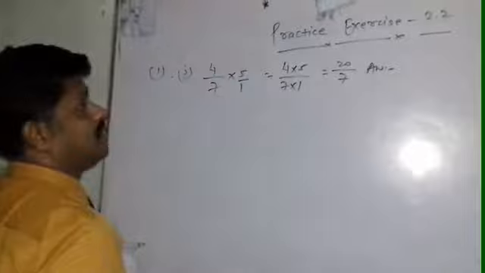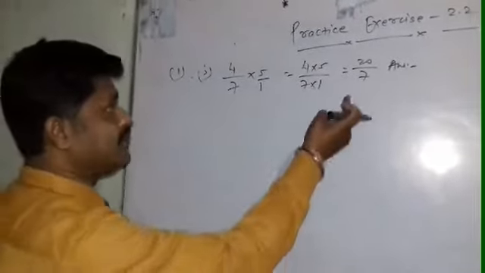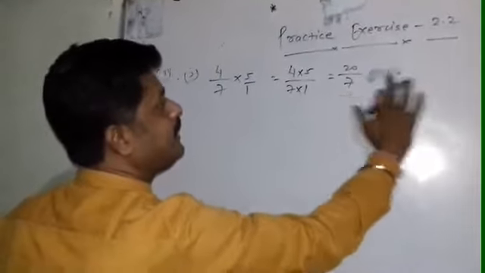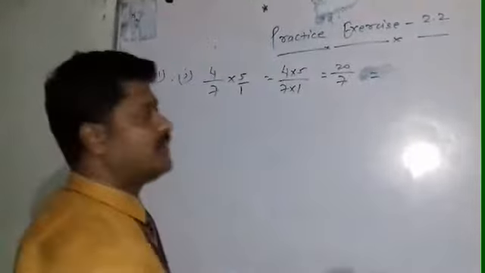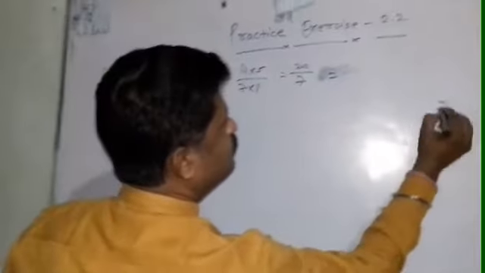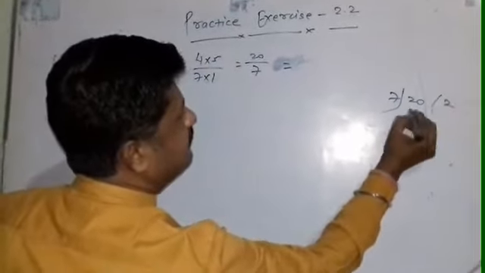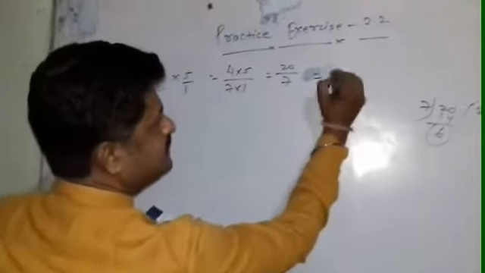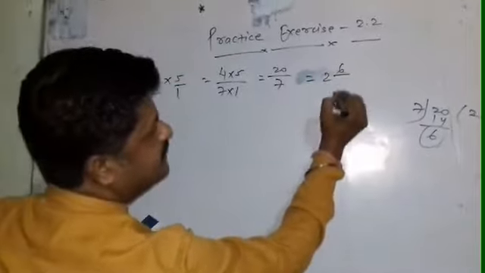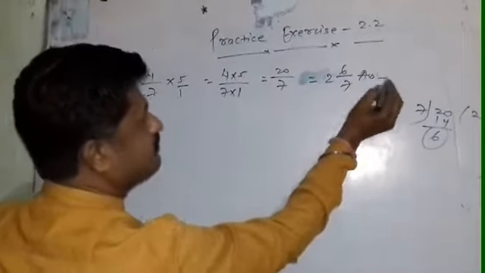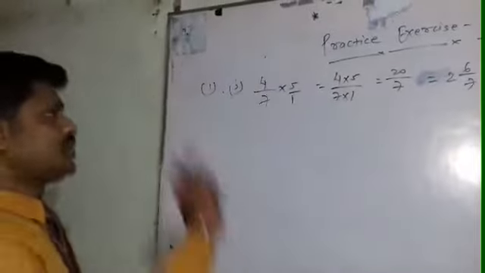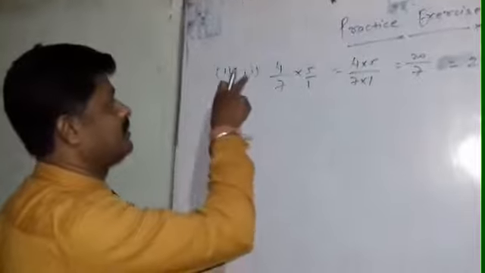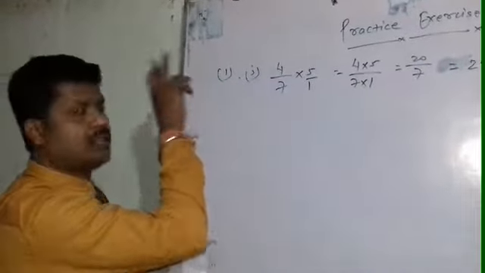But here we see the denominator is lesser and the numerator is greater, so it will be in the form of a mixed fraction. For that you divide 20 by 7: 7 times 2 is 14, then you get 6 here. So this will be written as 2 whole 6 by 7, and this is your answer. This is subsection 1 of question number 1.